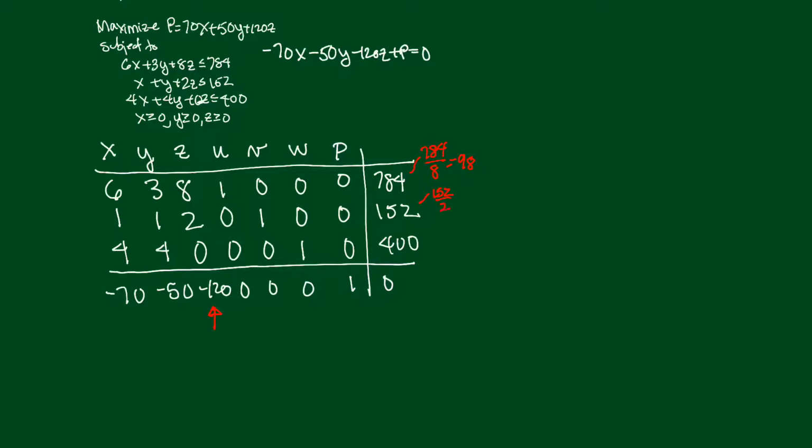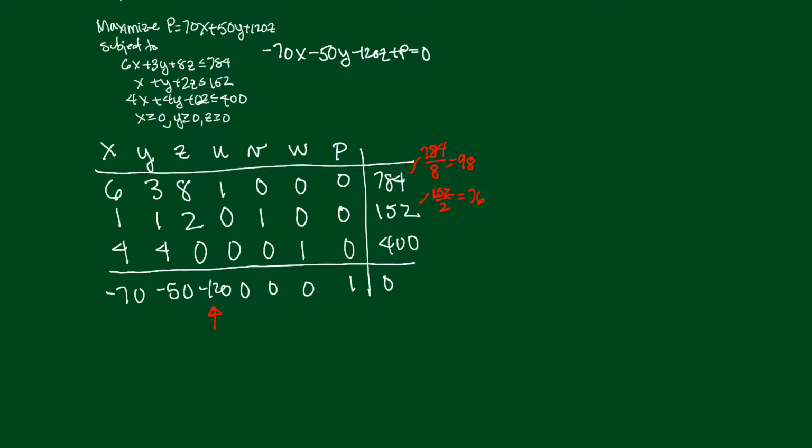We get a 76 there. And the last one here is 400 divided by 0. Now, we don't make any divisions by 0 or negative numbers. If any of these numbers is 0 or negative, we just don't bother with the division. So I'm not even going to bother with this one, so I would take that out.